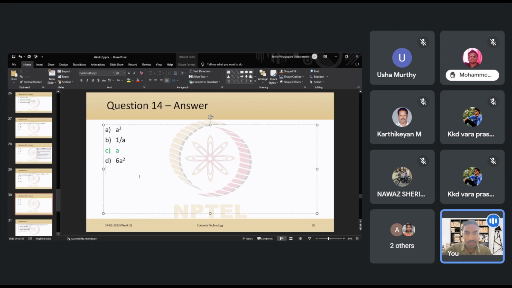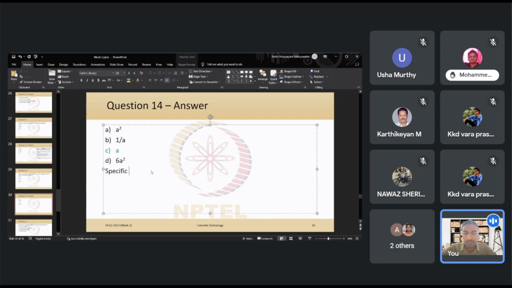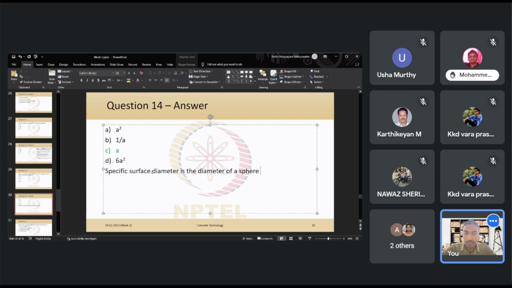Before that, let's see what we mean by the specific surface diameter. The definition is nothing but: the specific surface diameter is the diameter of a sphere of equivalent surface area, specific surface area, as the irregular particle.